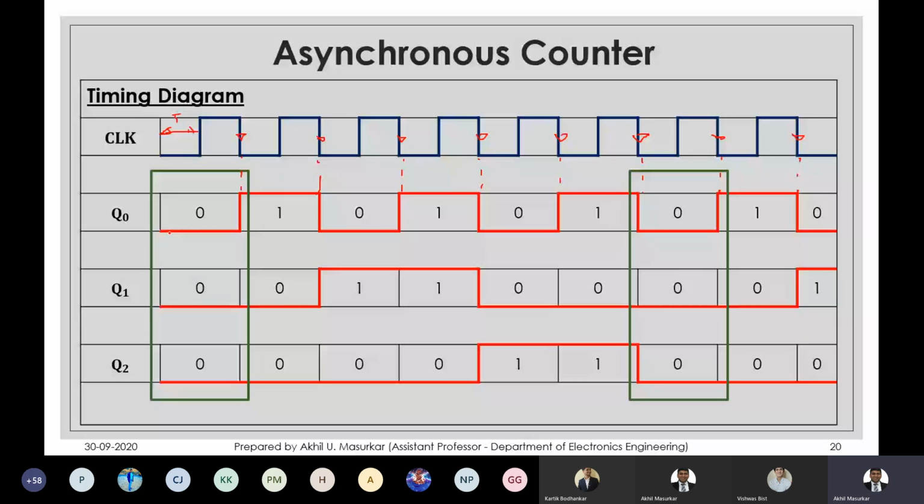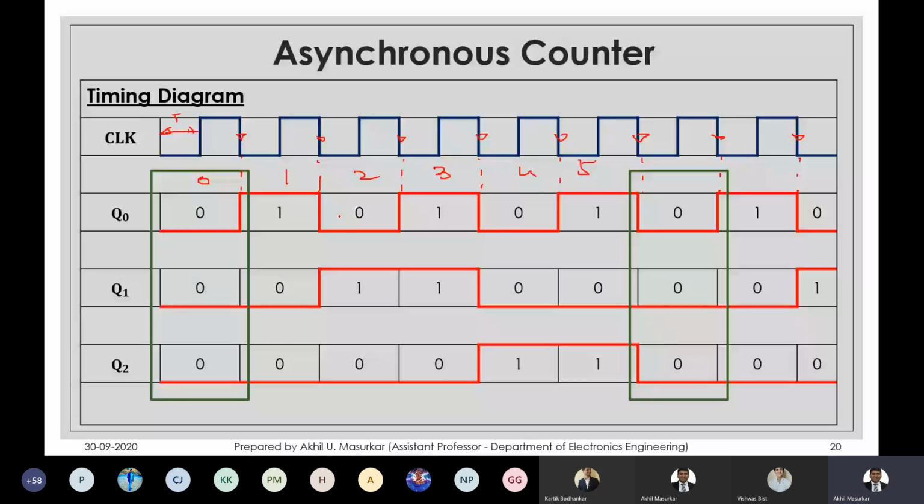At the rising edge, there is no change in Q0, Q1 or Q2. Only at the falling edge. So this is my first clock. This is my 0, 1, 2, 3, 4, 5. After 5 clocks, I get 5 outputs.